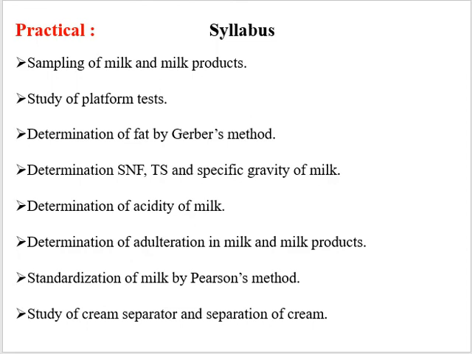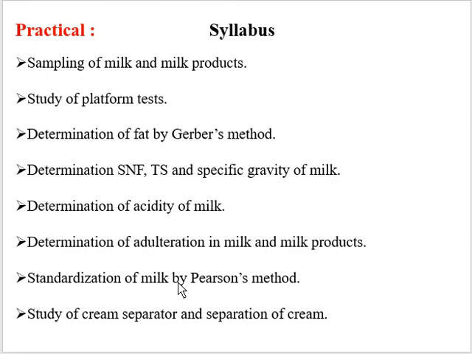A lactometer, lactometer jar and milk are required. First the lactometer reading is taken, and this reading is put in the formula: specific gravity equals 1 upon 1000 plus CLR.